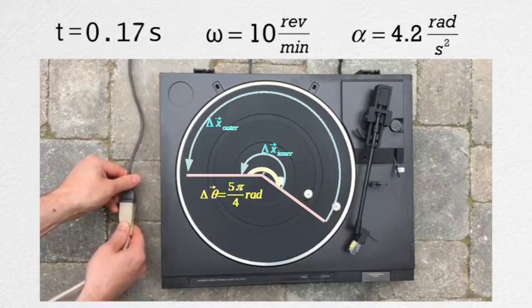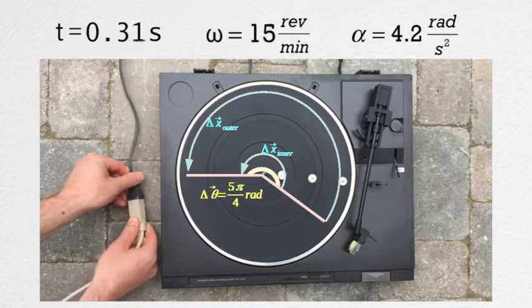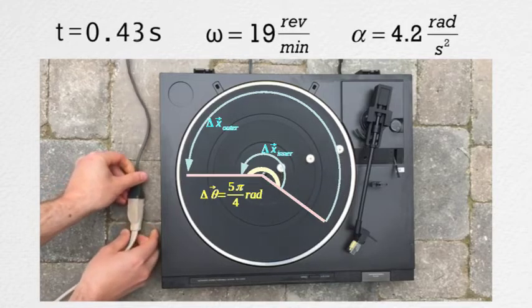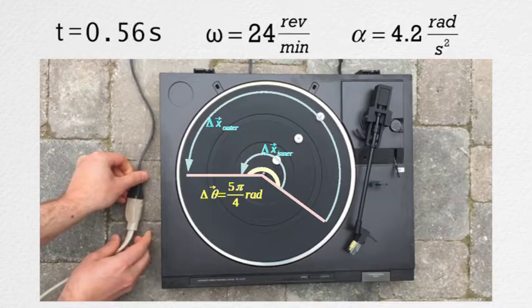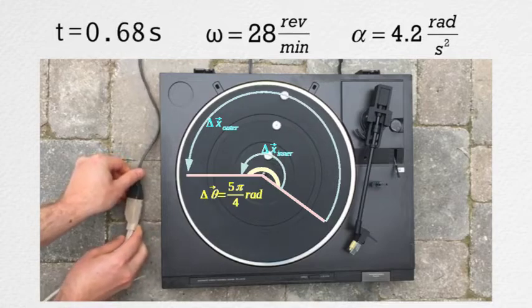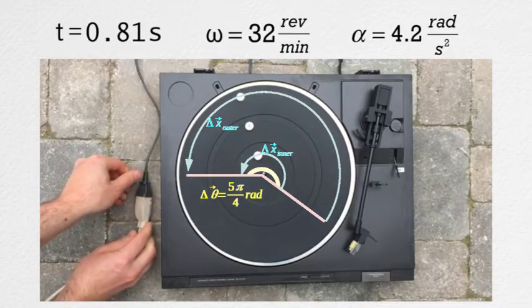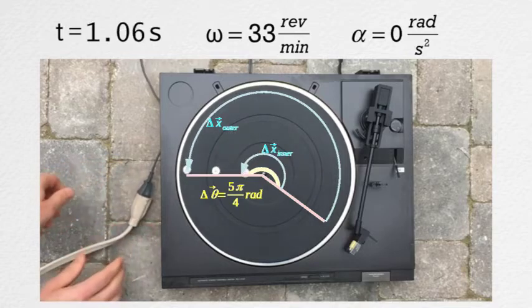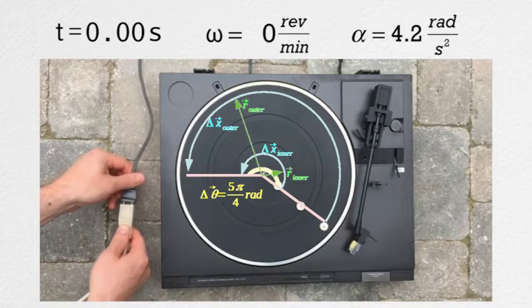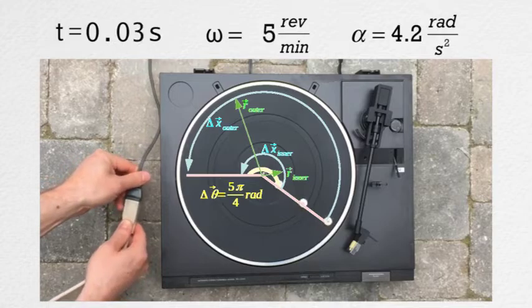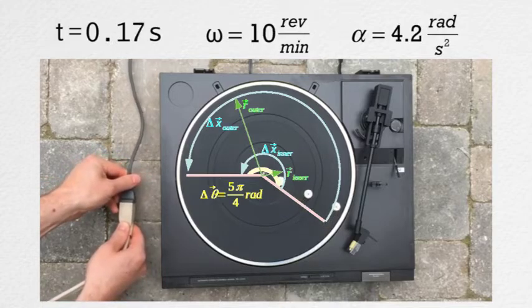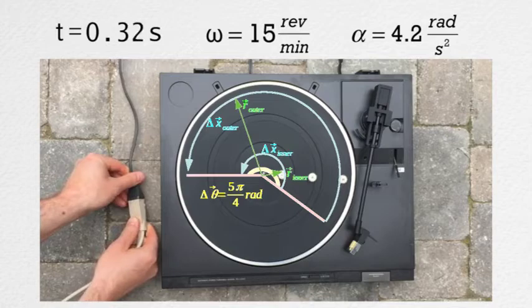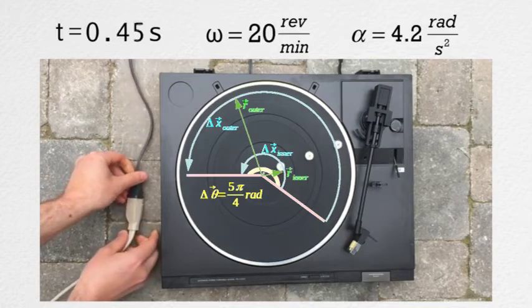The path of the outermost marker is much longer than the path of the innermost marker. Even though all the markers had the same angular displacement, they physically moved through different distances. That's because the markers are located at different radii from the center. The greater the radius of the marker, the greater the distance it travels.